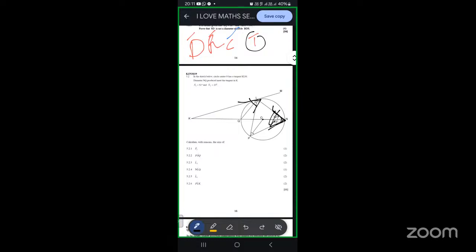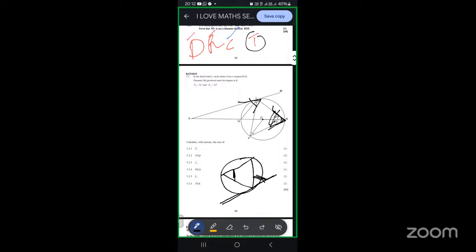The theorem that I'm talking about now is this one. If this is a circle, and this is the tangent to the circle, and there exists this triangle in the circle, then we're talking about this theorem: the angle between the chord and the tangent is equal to the angle opposite the chord in the triangle.